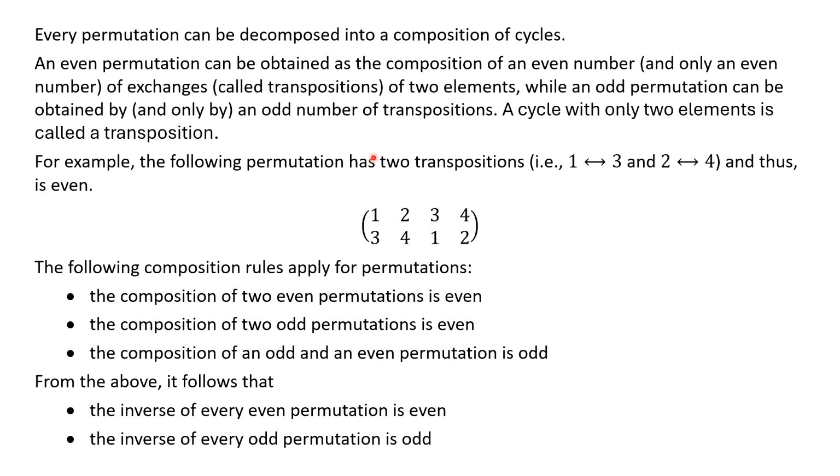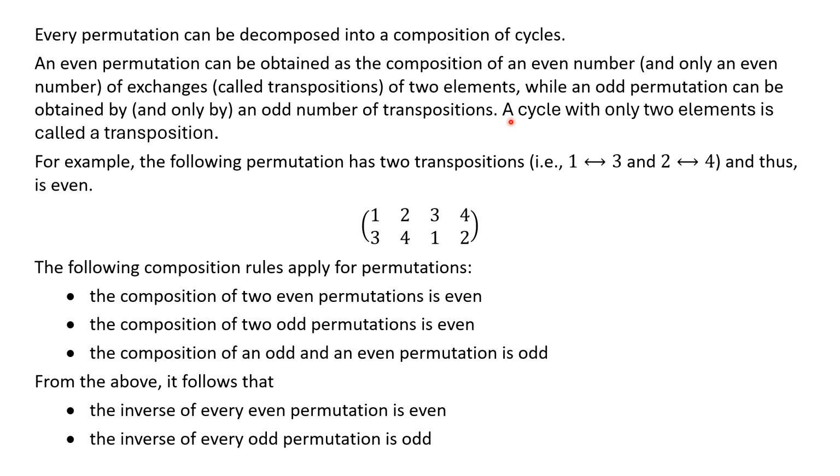So let's get to the distinction between an even and odd permutation. Every permutation can be decomposed into a composition of cycles. I mentioned that before. An even permutation can be obtained as a composition of an even number, and only an even number, of exchanges called transpositions of two elements, while an odd permutation can only be obtained as an odd number of transpositions.